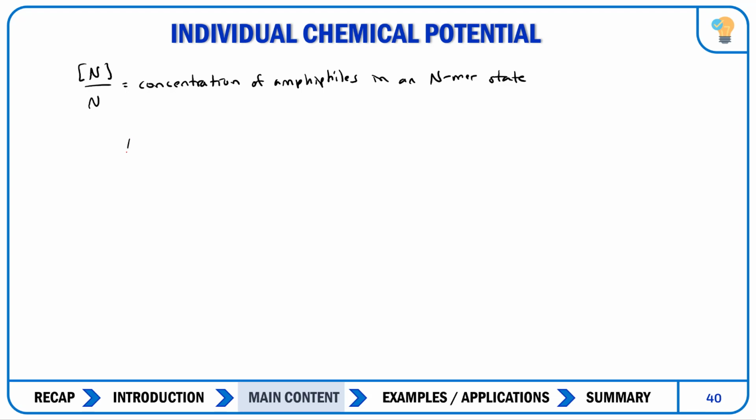So then our equation for the chemical potential can now be generalized. So we have mu n equals mu n naught plus kBT over n ln of c n over n.